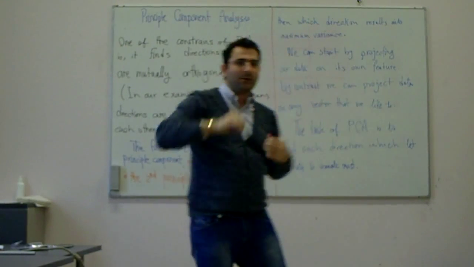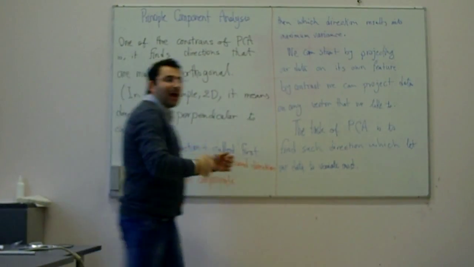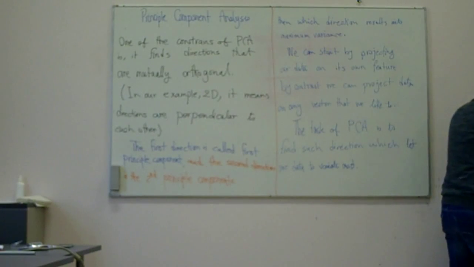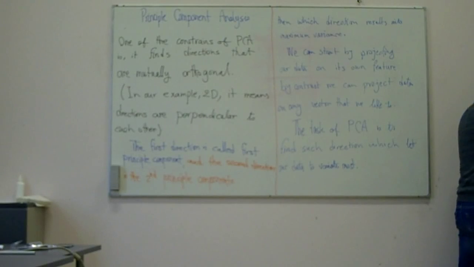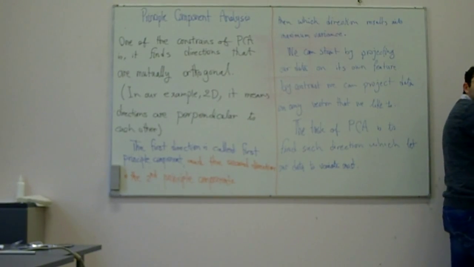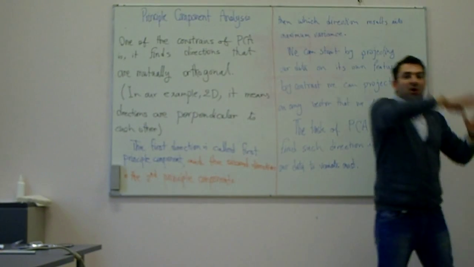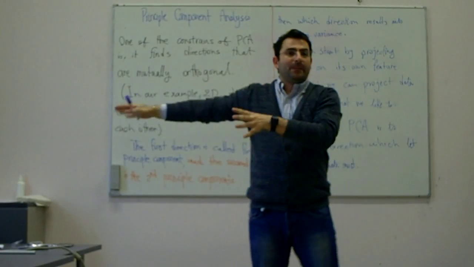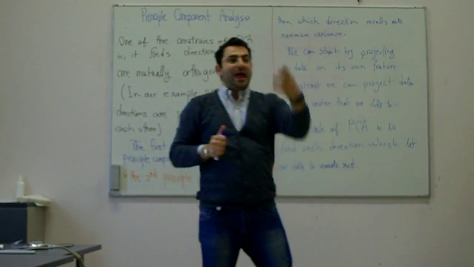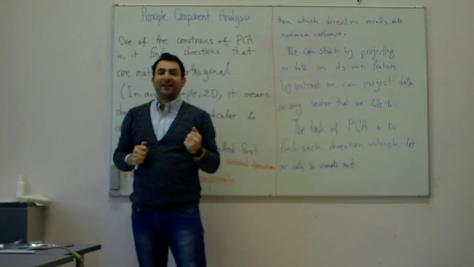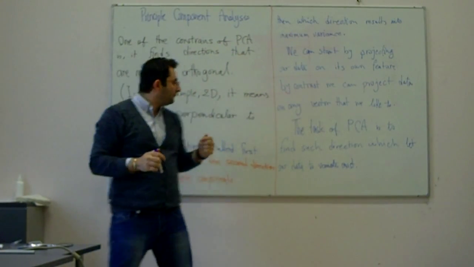Now, I have x1 and x2. With PCA, I am getting, let's say, phi1 and phi2. They are my new features. So I am transforming my data, getting new features, and I am now manipulating those features. A bit later, we will see how we can reduce this number of features.